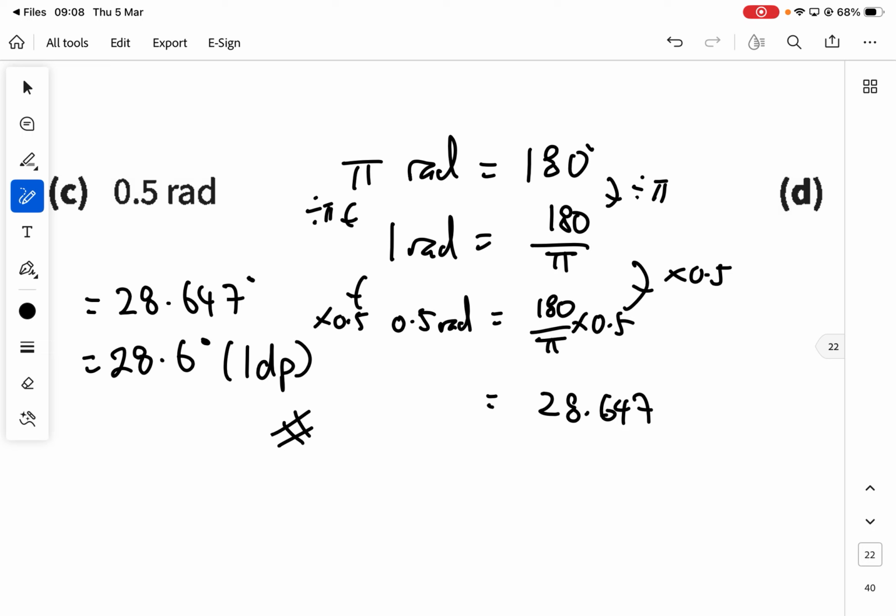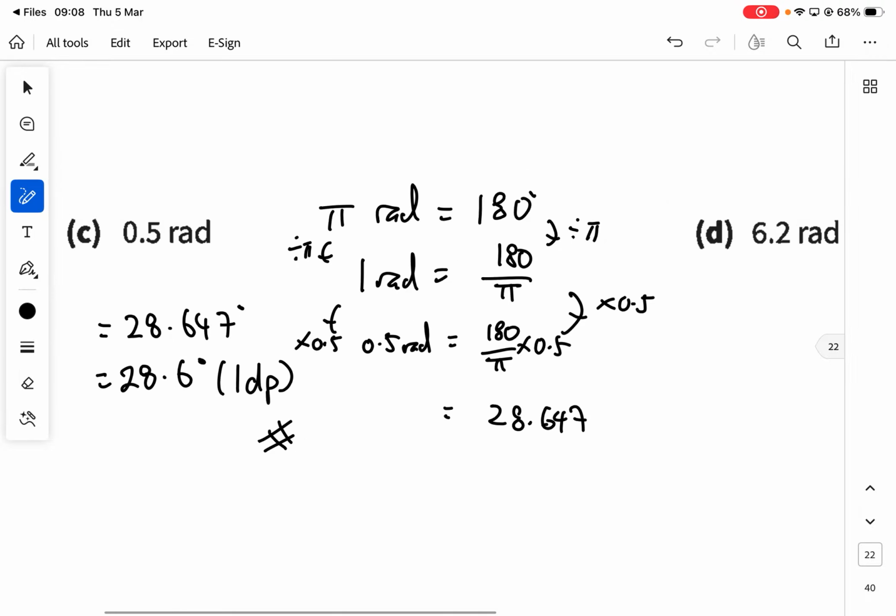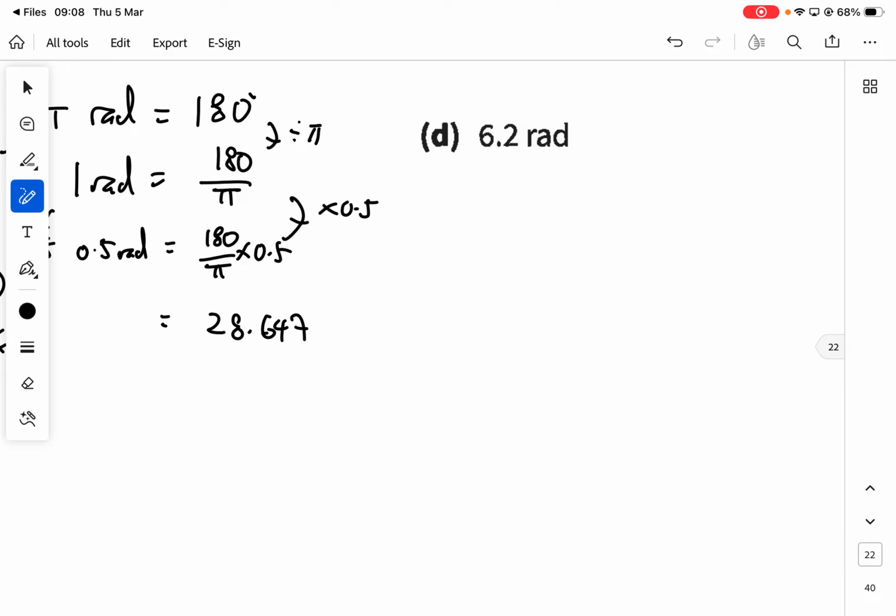Okay, so this is the answer. Compared to if I never changed my mode, if my angle is still degree, then I press the same thing.